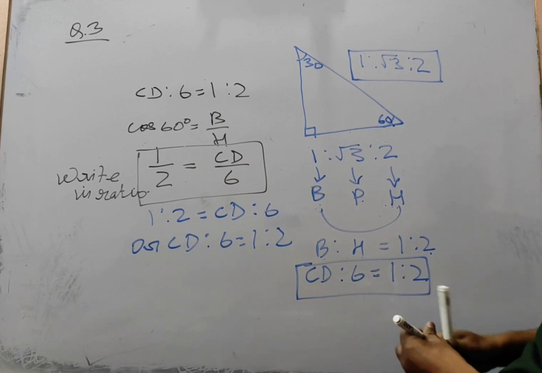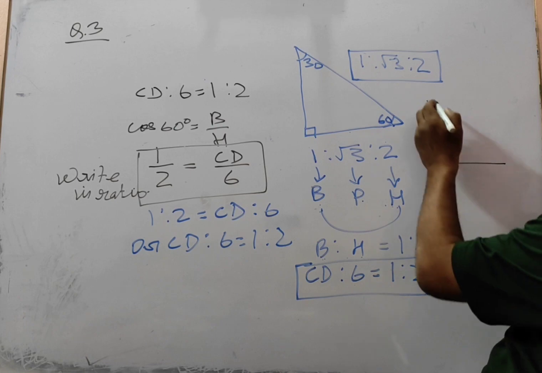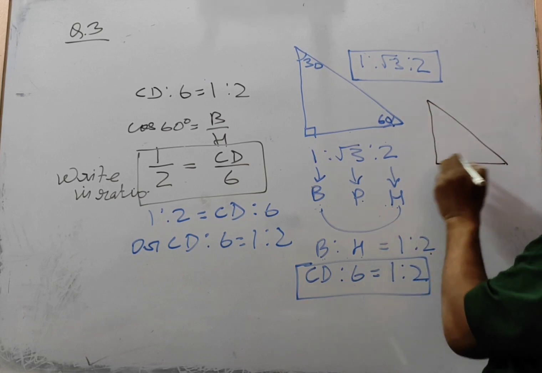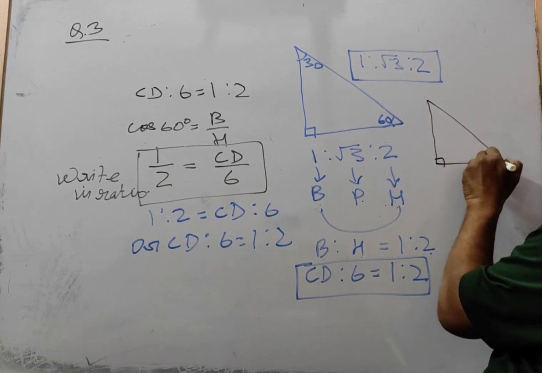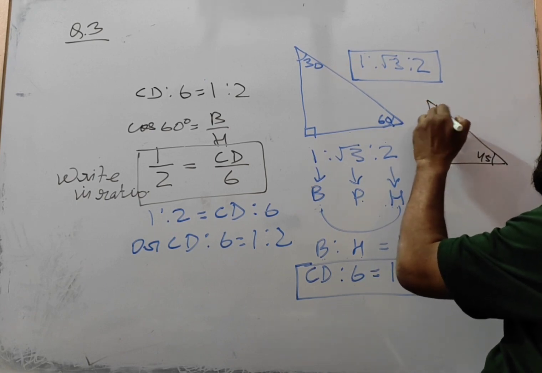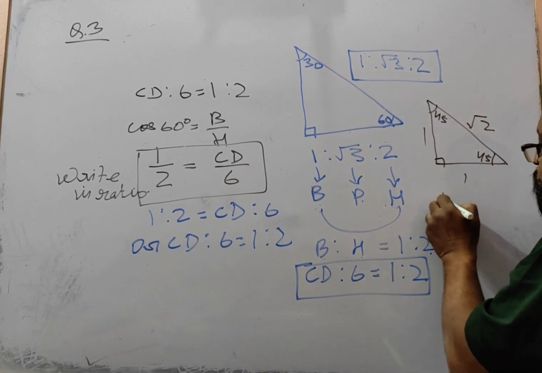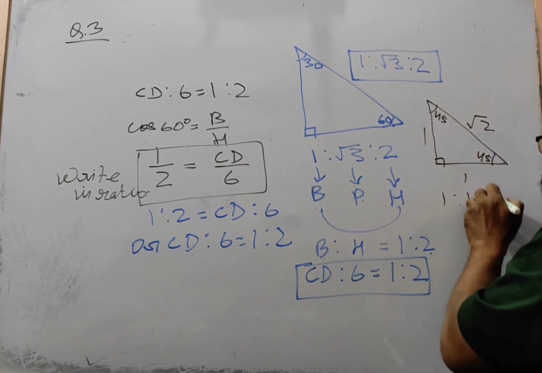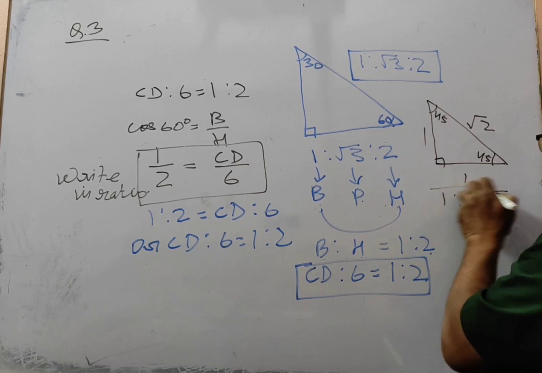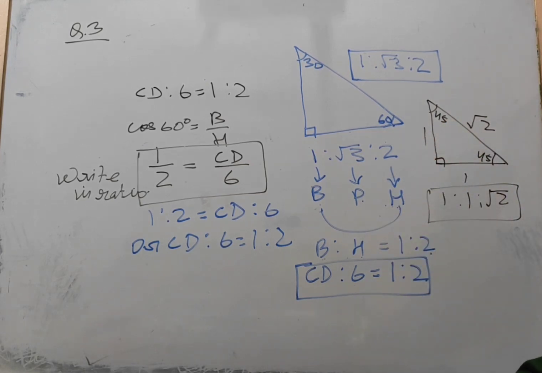And if the triangle is like this, this is 90 degree, and these are 45 degree, then sides are in ratio 1 is to 1 is to root 2. So this ratio is given, and according to the question you can solve that.